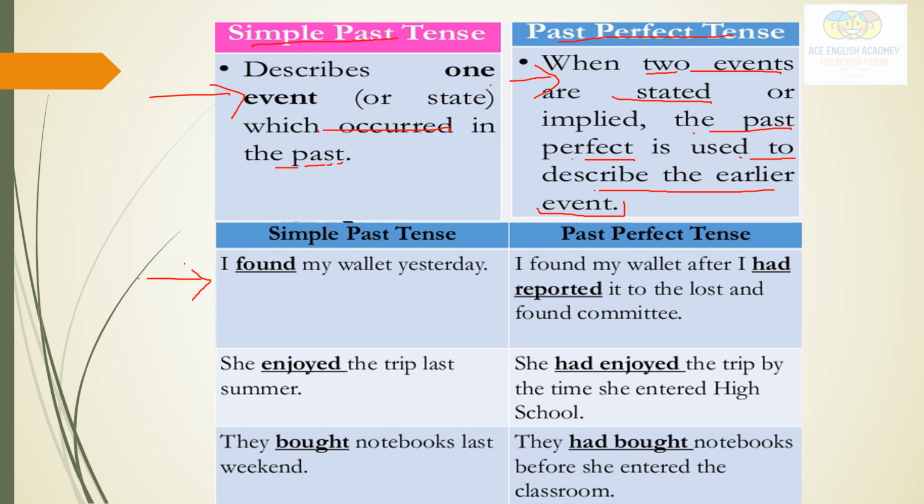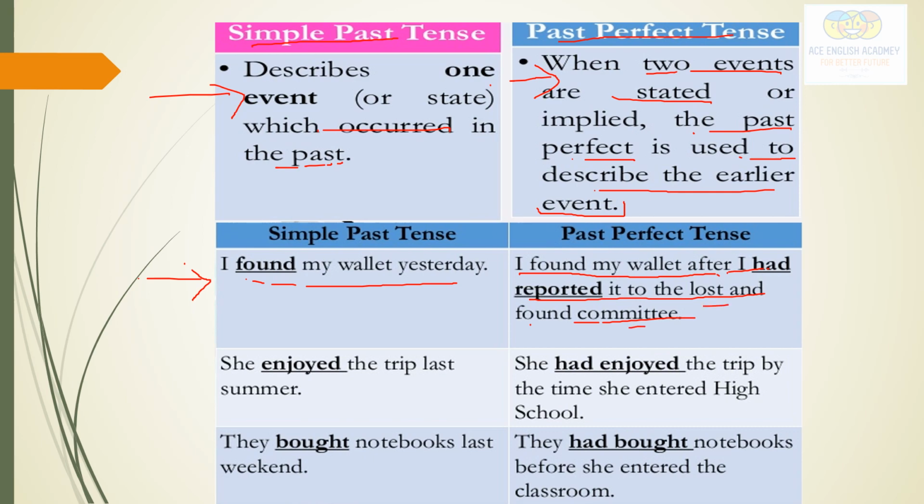First example: I found my wallet yesterday. One event happened in past tense. I found my wallet after I had reported it to the lost and found committee. So the wallet was found when it was already reported to the lost and found committee.